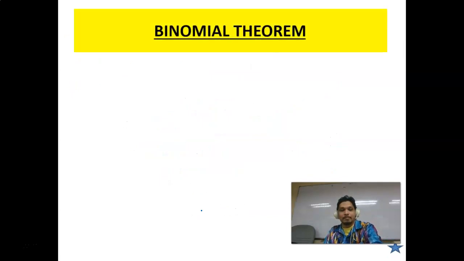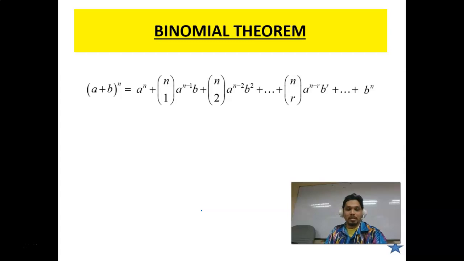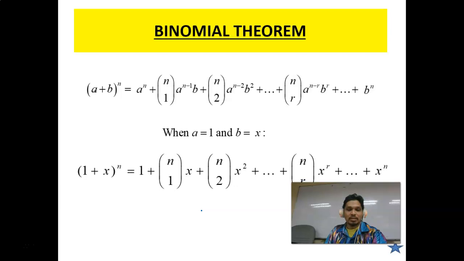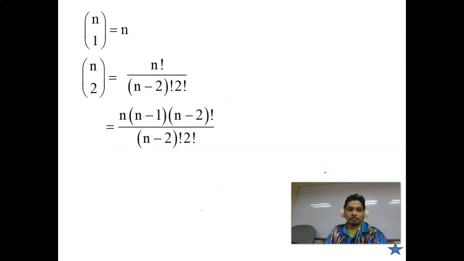Next, the binomial theorem. When a equal to 1 and b equal to x, you come up here, 1 plus x to the power of n, and we're going to get all of this. nC2, which is n factorial over n minus 2 factorial times 2 factorial, and then n multiplied with n minus 1 times n minus 2 factorial.